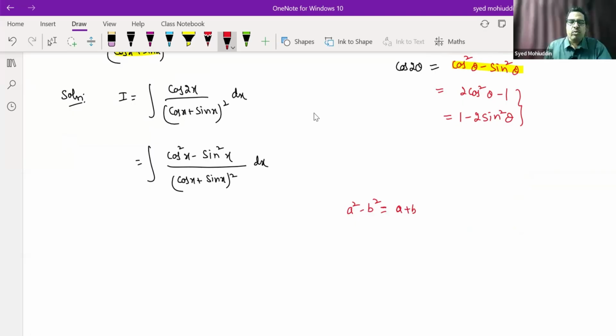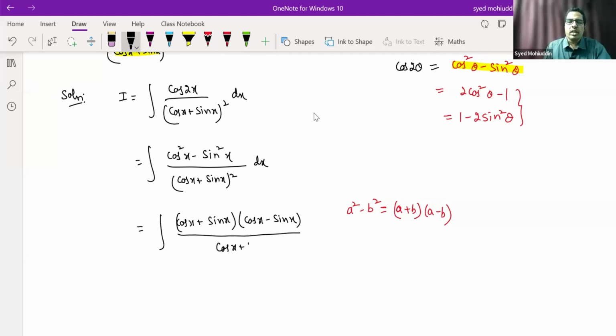If I plug in and use the formula, that is (cos x plus sin x) into (cos x minus sin x), divided by (cos x plus sin x) whole square times dx.